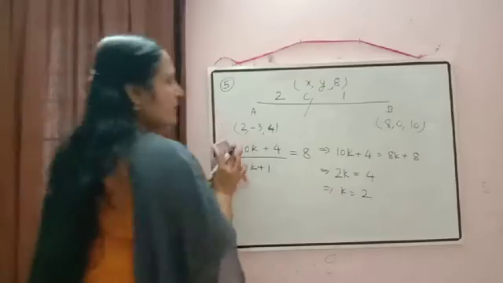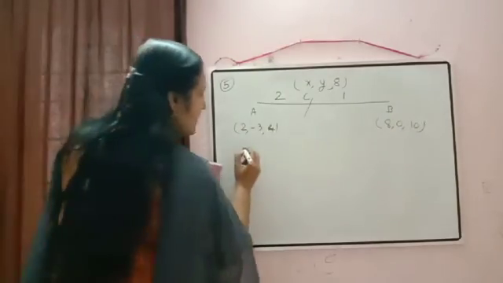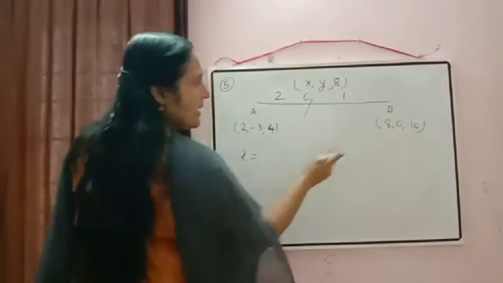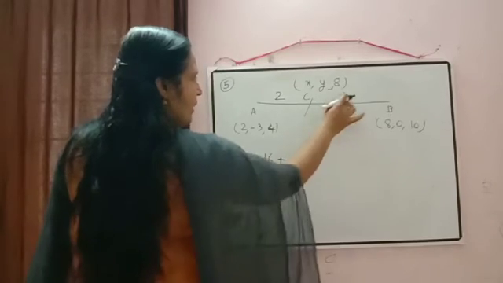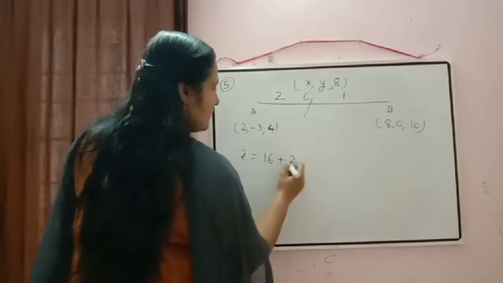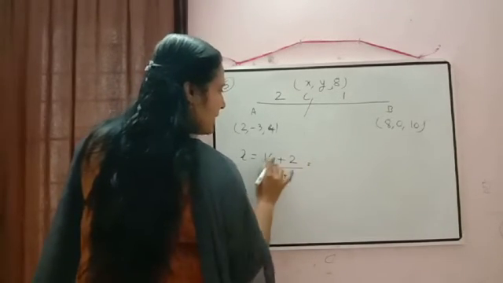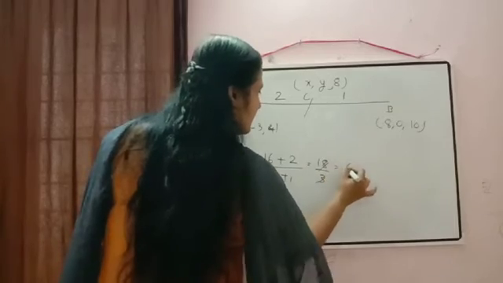Now we can calculate the x coordinate and y coordinate there. X coordinate of the point C: 2 will be multiplied by 8. So 2 8s are 16 plus 1 into 2, divided by 2 plus 1. 16 plus 2 is 18, 18 by 3 will be equal to 6.